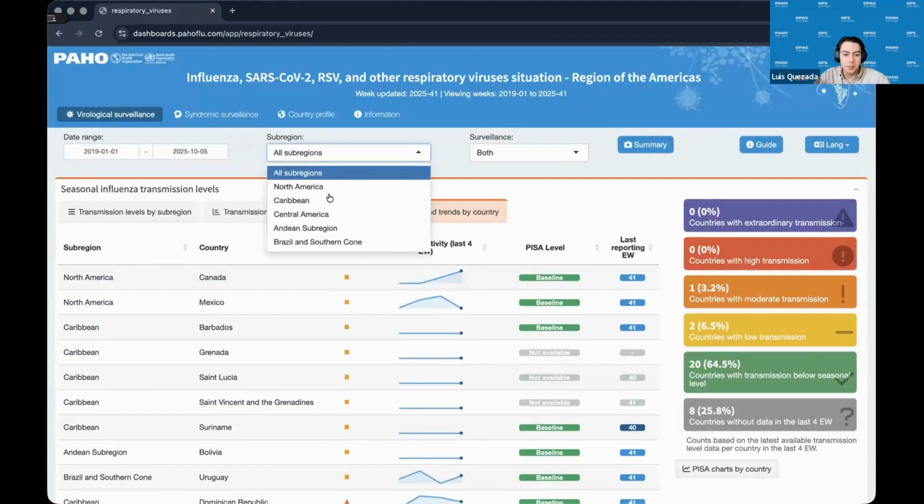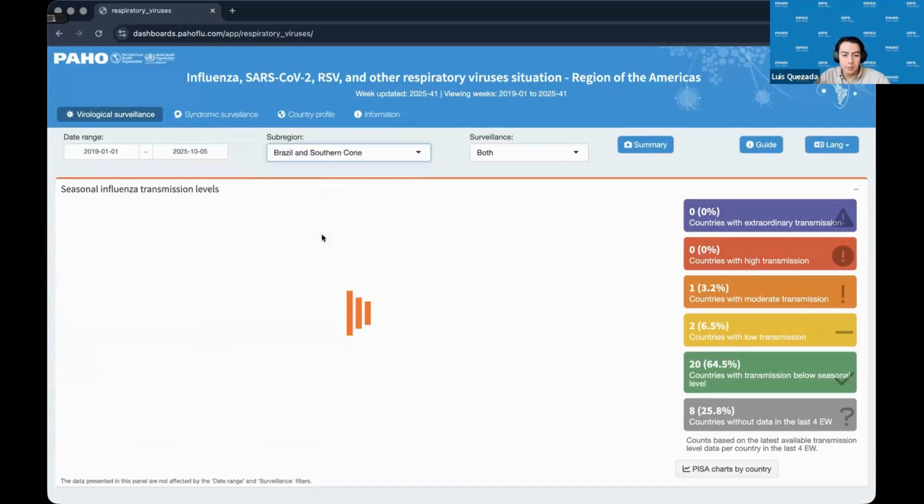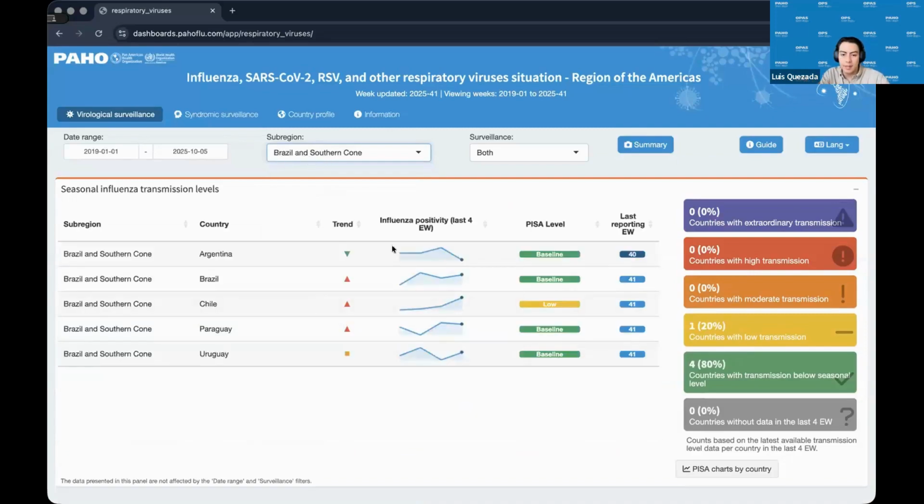Another option would be doing an analysis per subregion. We could select Brazil, for example, and the South Cone, and this could actually activate the charts per country. For example, we could identify that we have ascending countries, and Chile could be in the lower levels. That could be helpful to identify furthermore.